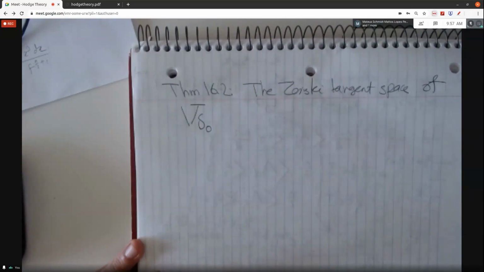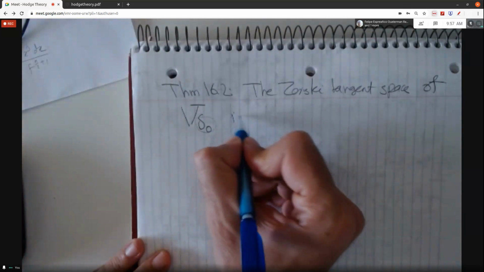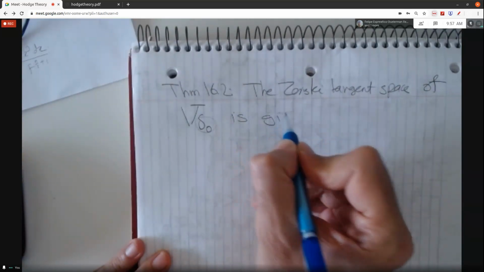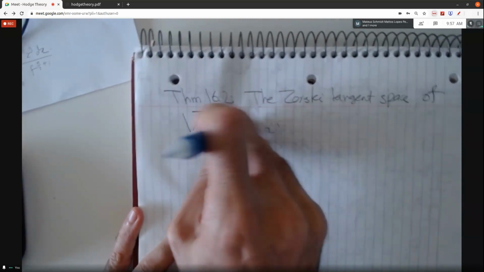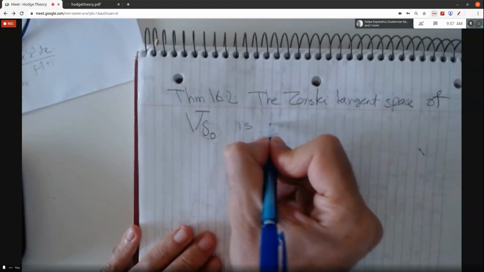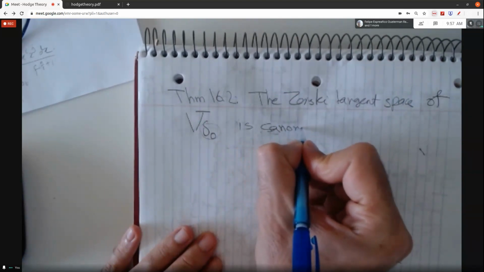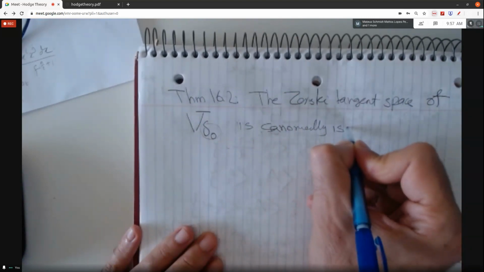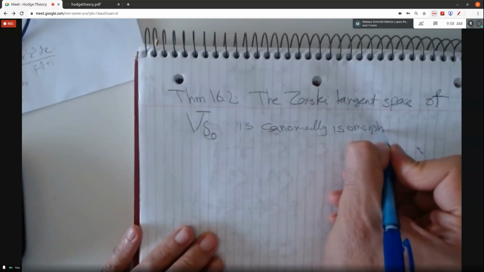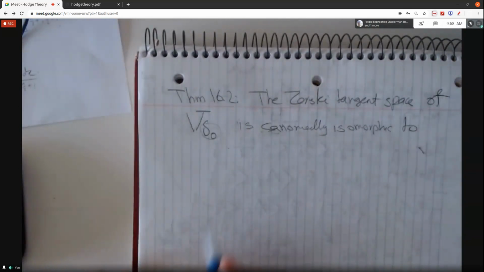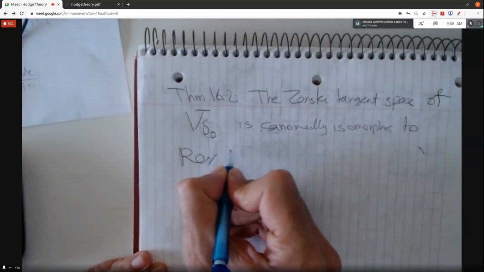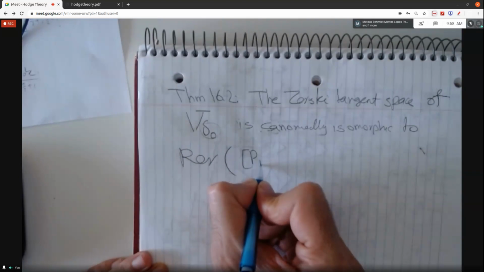So I have fixed the Hodge cycles in the Fermat variety. The tangent space can be identified canonically, is isomorphic to, let's say, the kernel of this matrix, P_{I+J}.